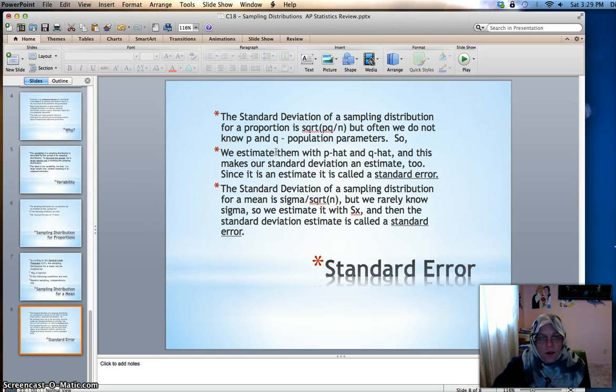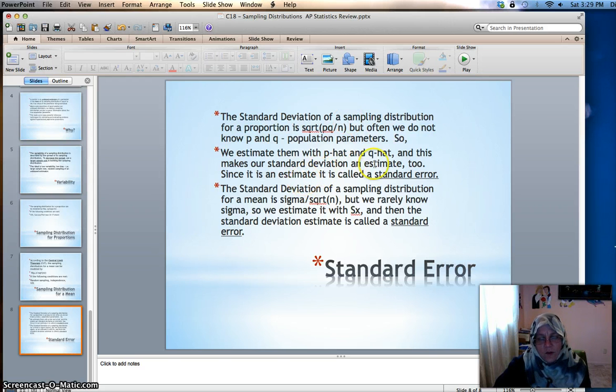We usually don't know that, otherwise why would we be sampling in the first place? So we have to estimate them, usually with P hat and Q hat, our sample proportion of successes and failures, and this makes our standard deviation not the true standard deviation of the sampling distribution. It's an estimate.